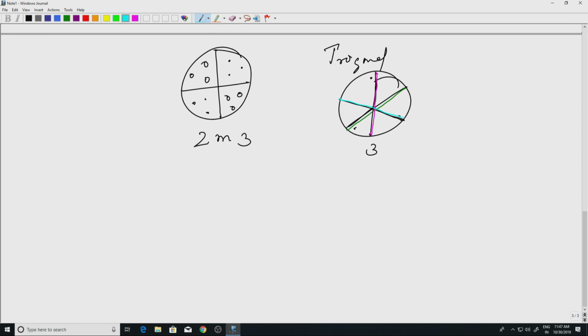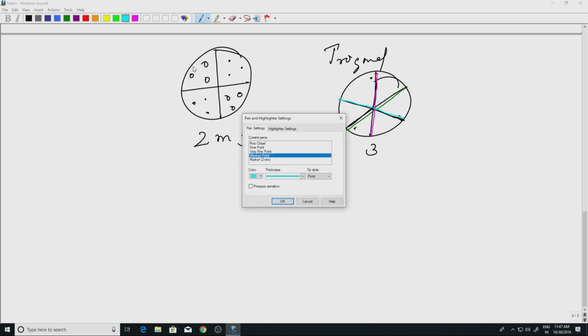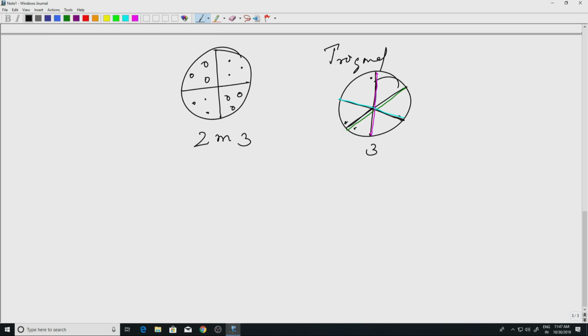This is a mirror. So what happens? This gets reflected. So same thing here. The mirror is operating here. So you get this one here. So you get a circle.